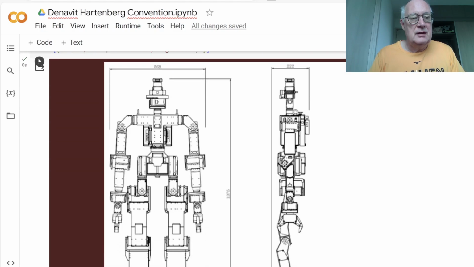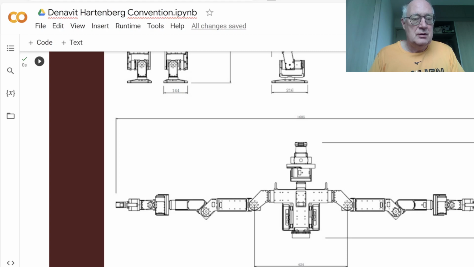So let's calculate the Denavit-Hartenberg convention for this upper body of the Thormang robot.